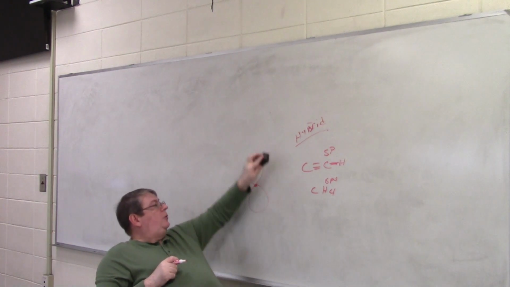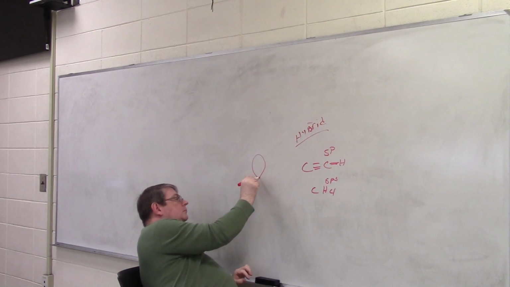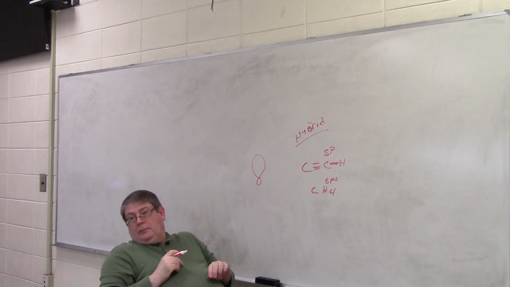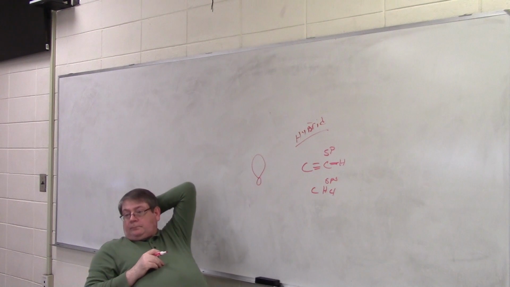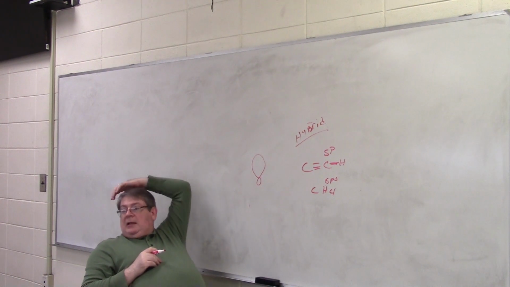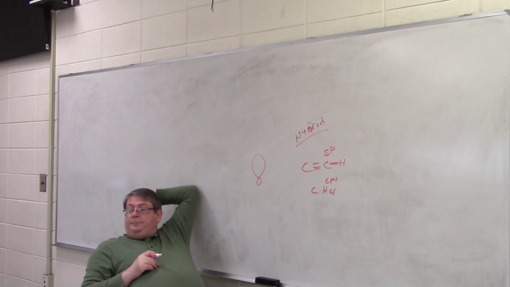So an sp3 hybridized orbital looks more like a p orbital, and so the electrons cannot get as close to the nucleus as they can in the sp hybridized carbon atom. So that's the hybridization.